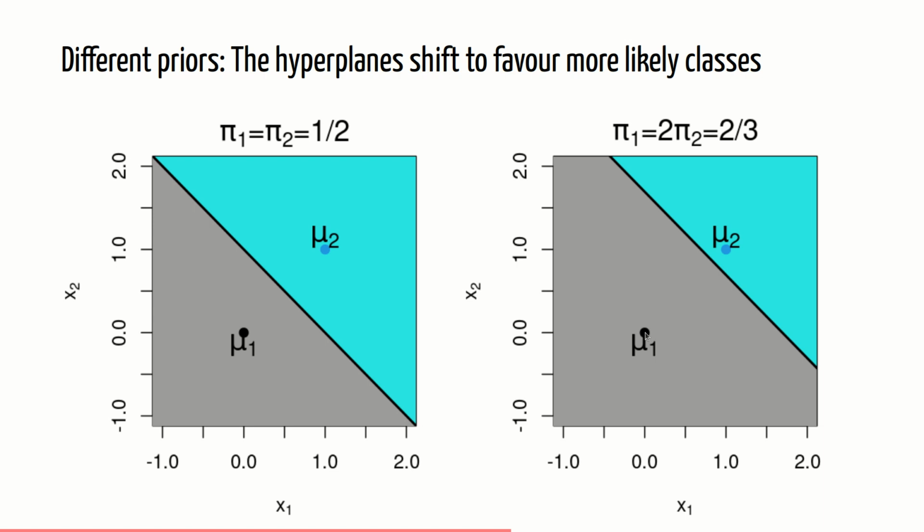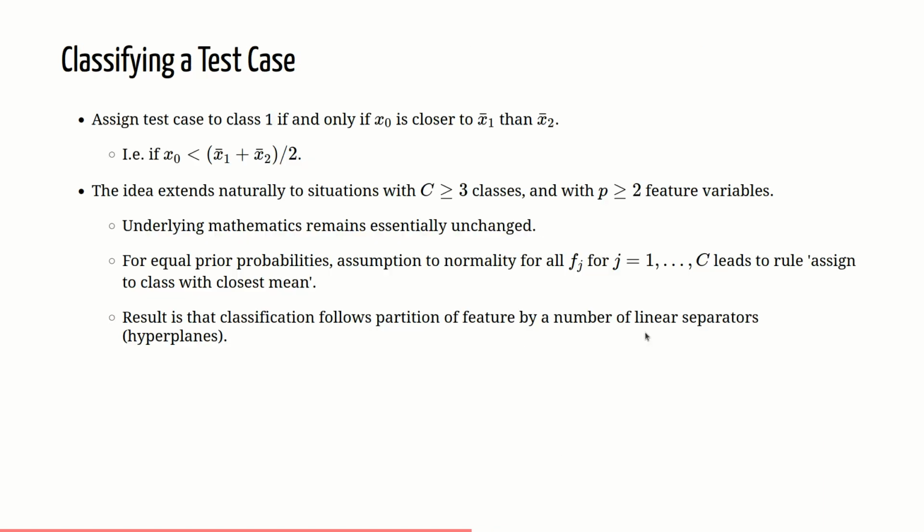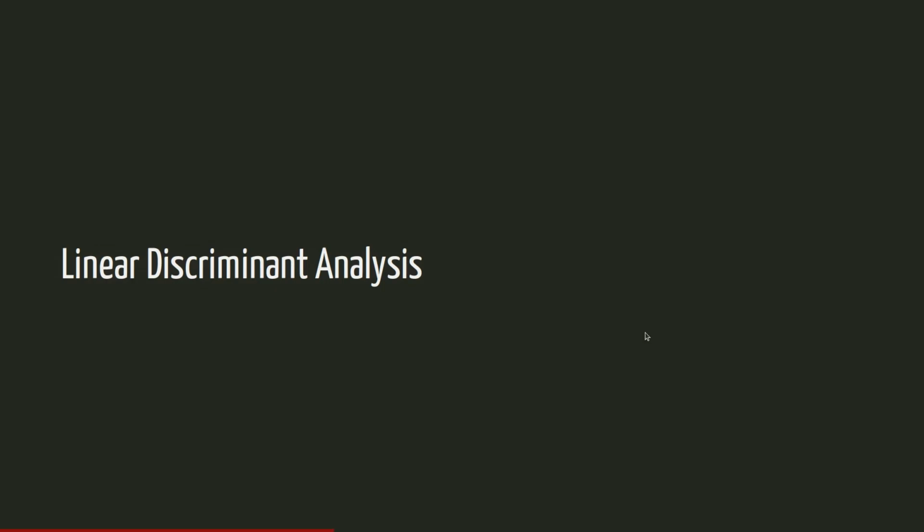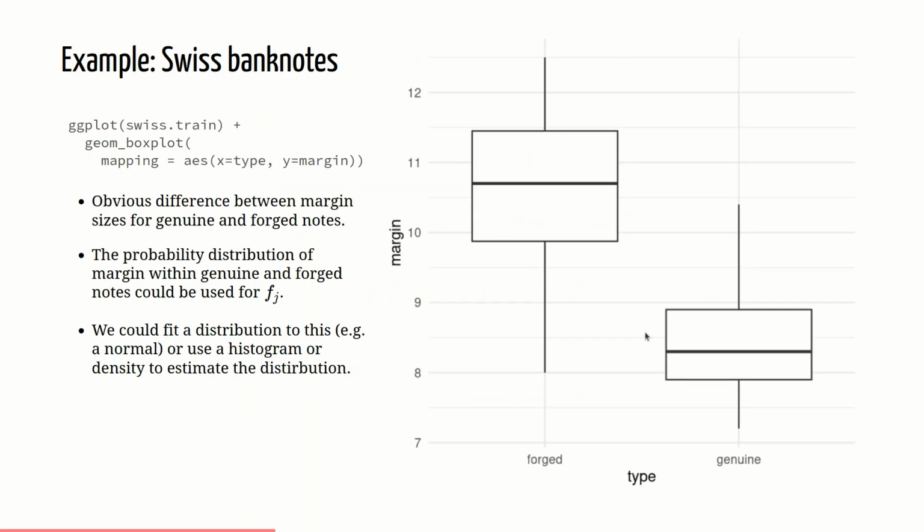So for example, in the banknotes situation, right, we know that the probability of being a forged note before we've looked at the note is actually really small, right? So that's going to shrink the posterior probability of being a forged note. So essentially, back in our case, let's have a look at here.